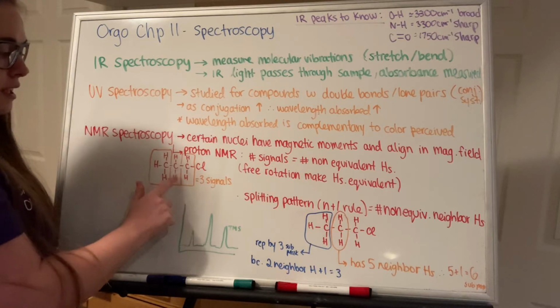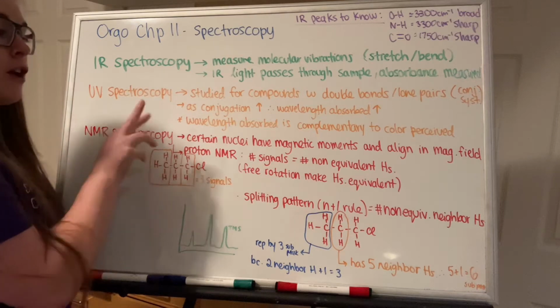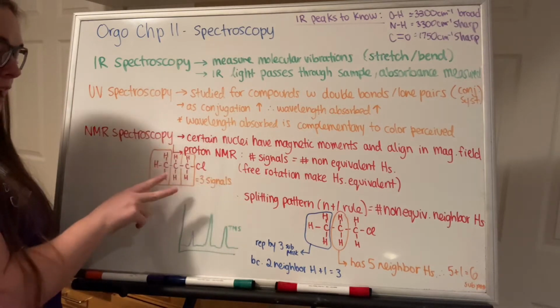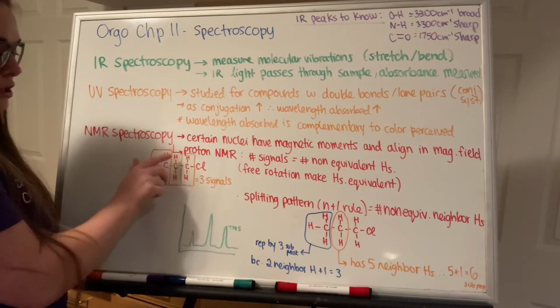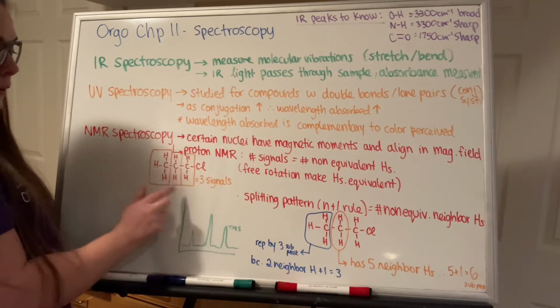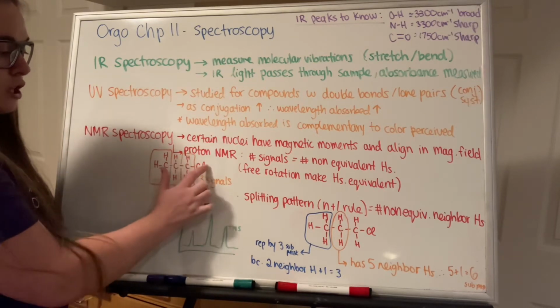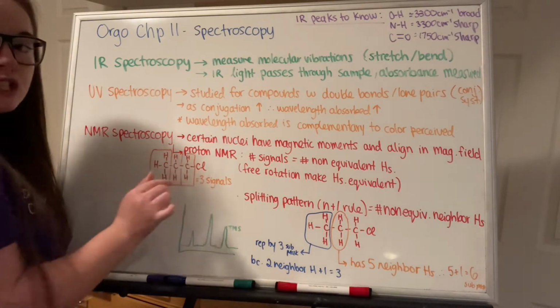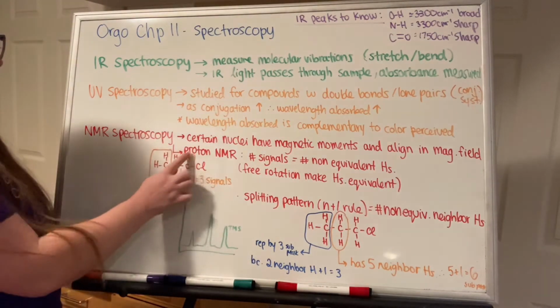Here is our next carbon. It's attached to 2 hydrogens that are able to freely rotate, which means these 2 hydrogens would be represented by one signal. And then finally, you have this carbon that is also connected to a hydrogen and chlorine, but these 2 hydrogens would be able to freely rotate, which means this would be a signal as well.